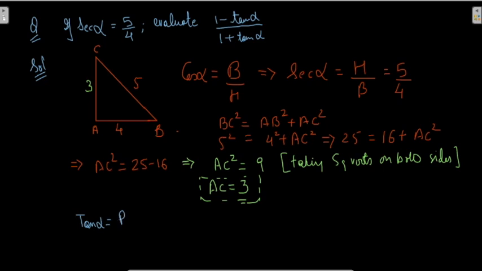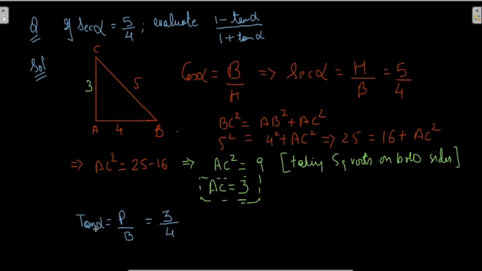It is perpendicular over base. And what is our perpendicular here? It is equal to 3 by 4. So this is the value of our tangent alpha.